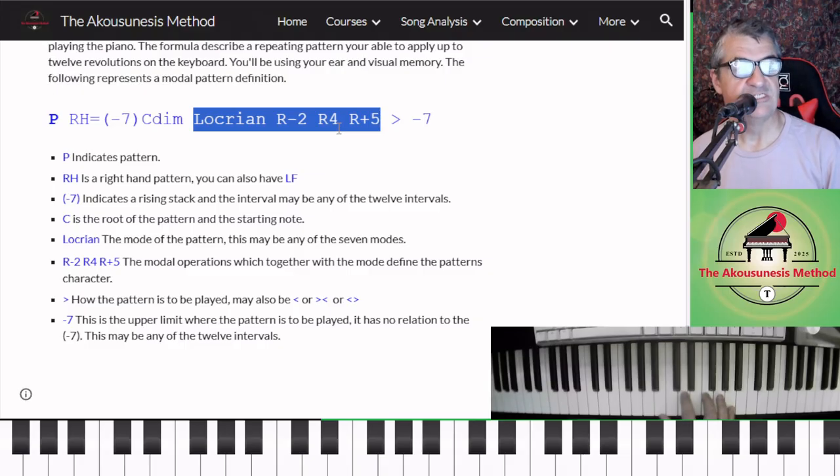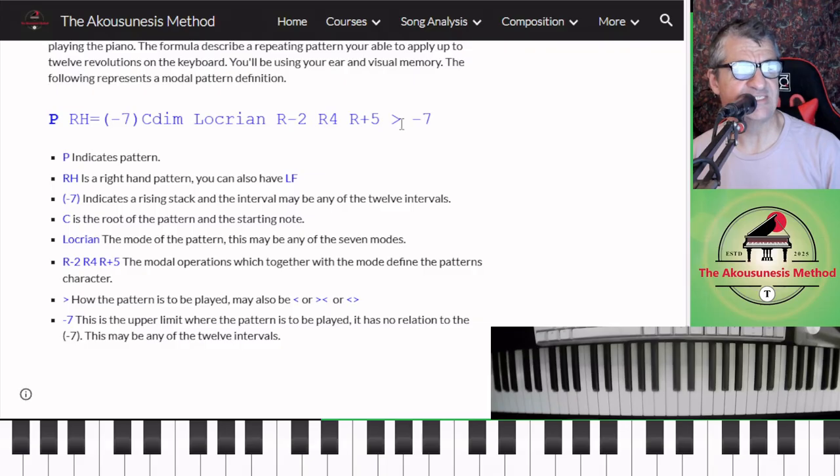Okay. So this is saying we're going to play it up just in order, right? But this is describing a pattern. It's showing you. It can also elaborate to show you the fingers, but I haven't shown you this here because it's almost like an introduction to these things. So what this is showing you, we're just rising up.